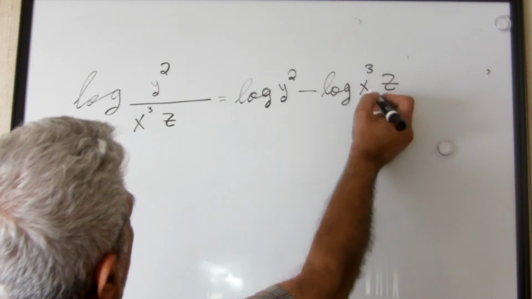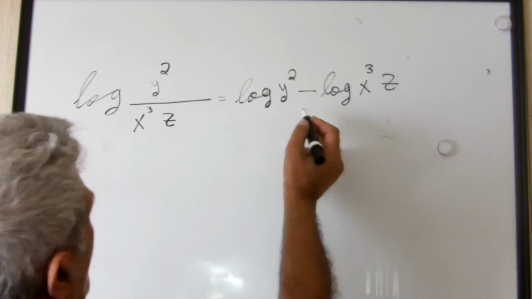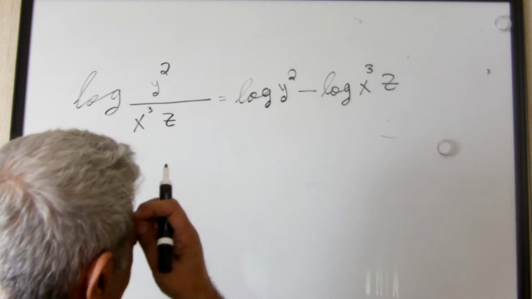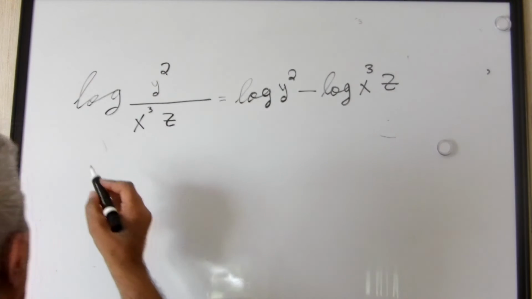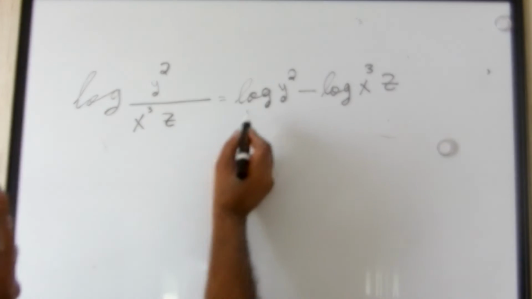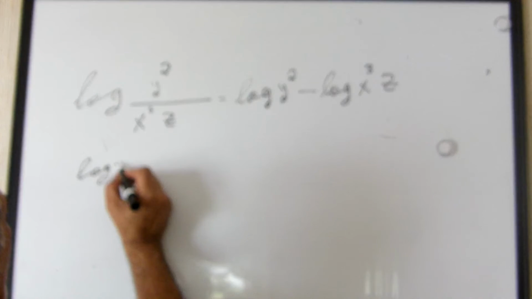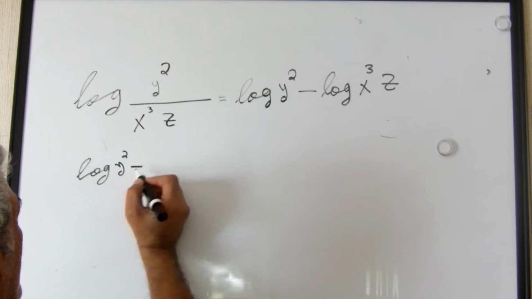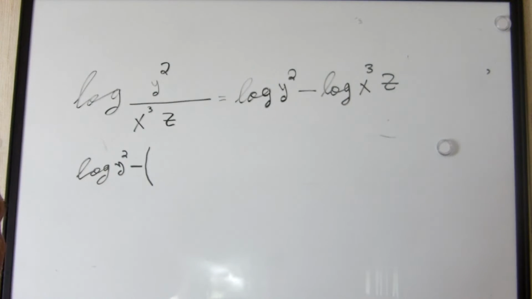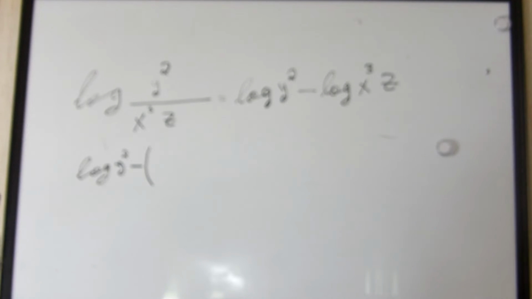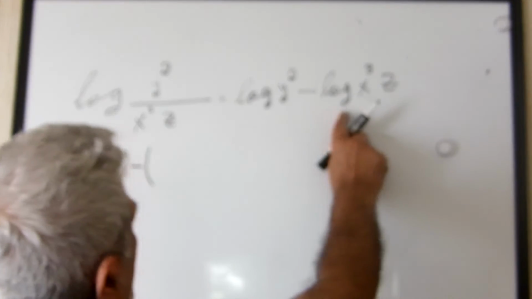Okay, this is multiplication. x cubed times z. We can write this one as a summation of these, like this. This is going to be like log y squared minus, and then you have the parentheses here, because we are going to change this.